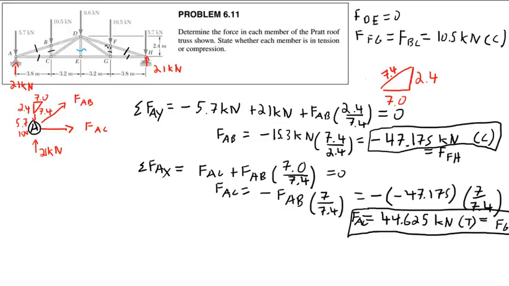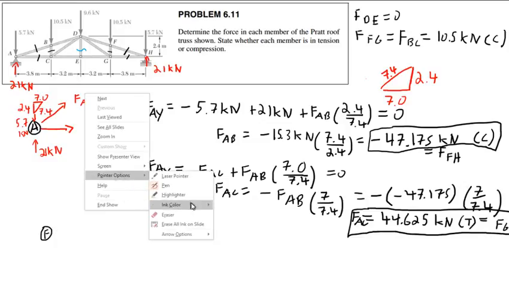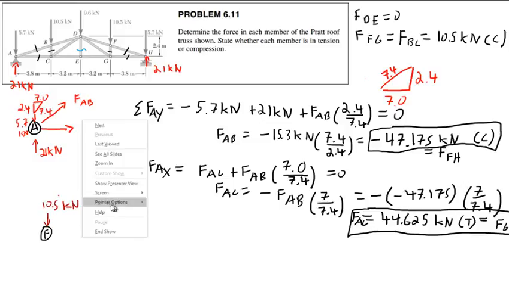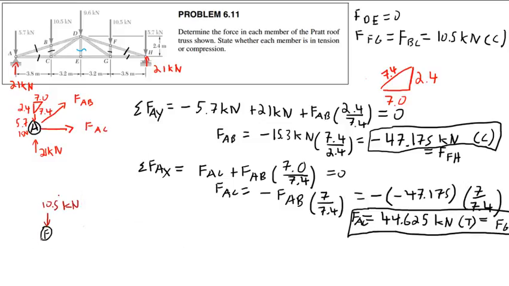See, that's exactly what we have in this system. We already said that force Fg is going to be equal to 10.5 kilonewtons, and that's what we have here. If I consider joint F, I'm going to have 10.5 kilonewtons, and then I'm going to have FFG, which must be going into the joint as well.